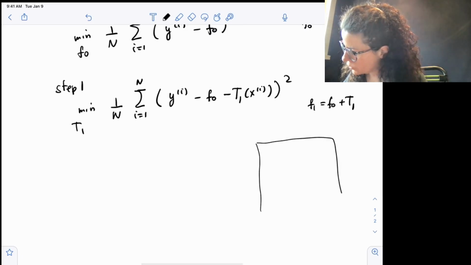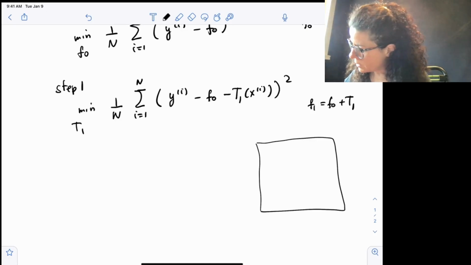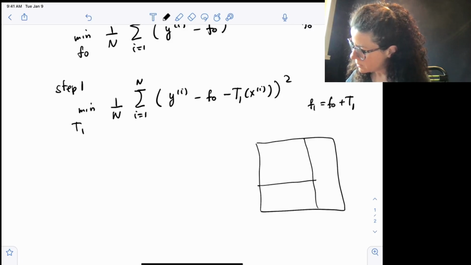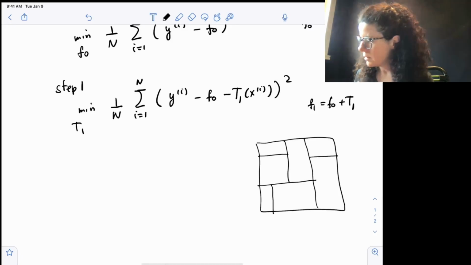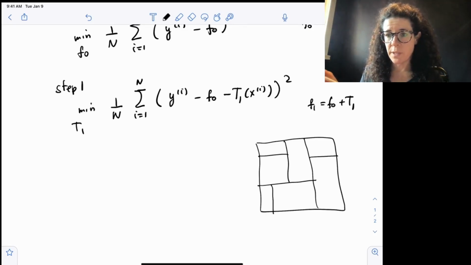Maybe our problem is in R2, and the tree is going to split our data set into pieces. Here, and then here, and then like here, and then like there, right? Each one of these joint pieces is going to have a constant value for that tree.